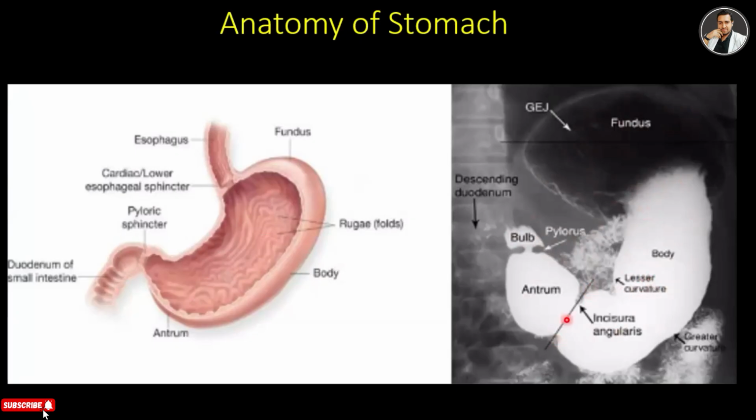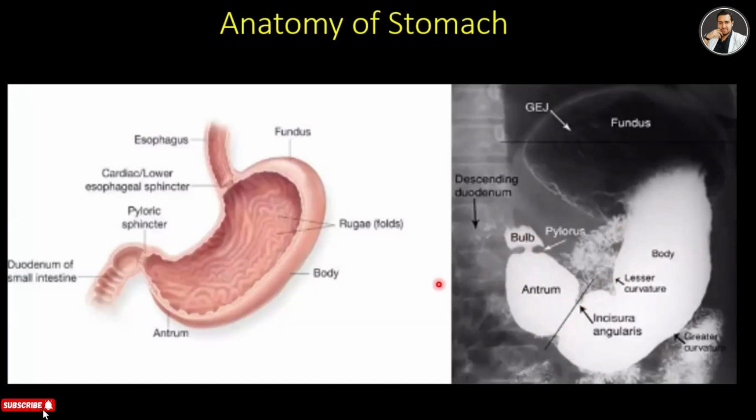And here you can also see the anatomy of the stomach, the body of the stomach and the lesser curvature and the greater curvature, and this part is called the incisura angularis, and after that this is the antrum part, or you can say the pyloric antrum, and this is the pylorus, and after the pylorus the small intestine starts, and this is the duodenal bulb.